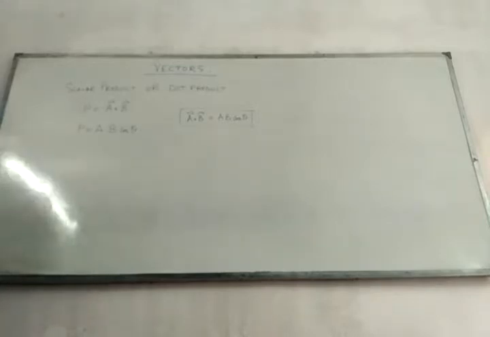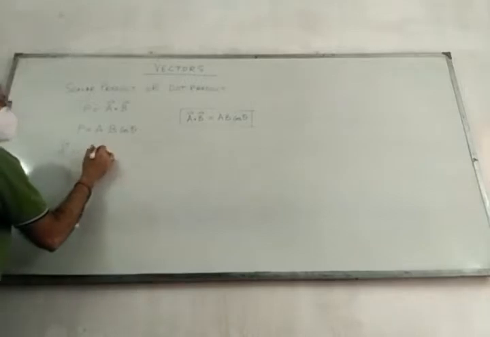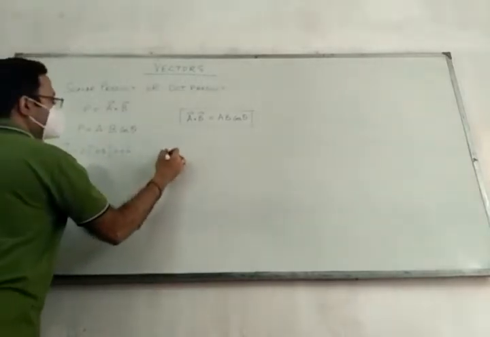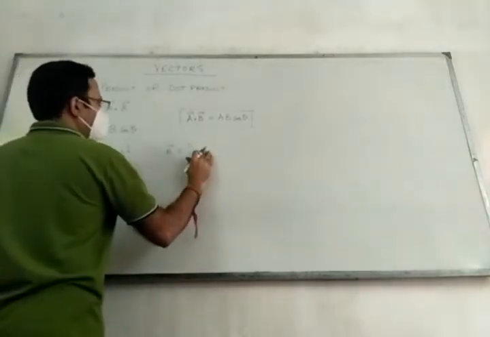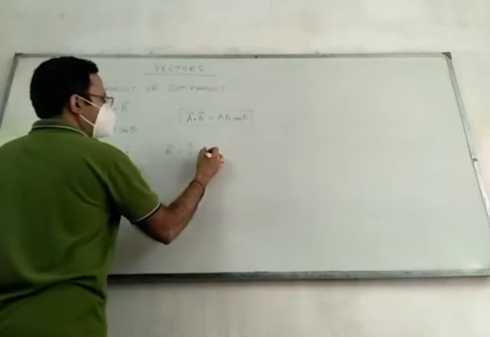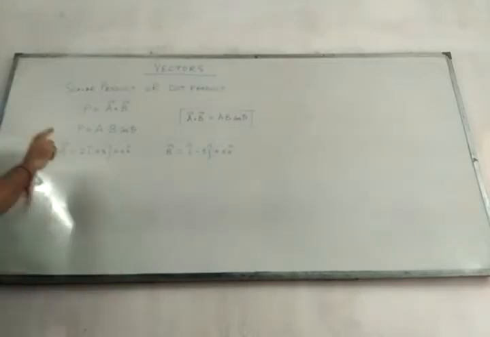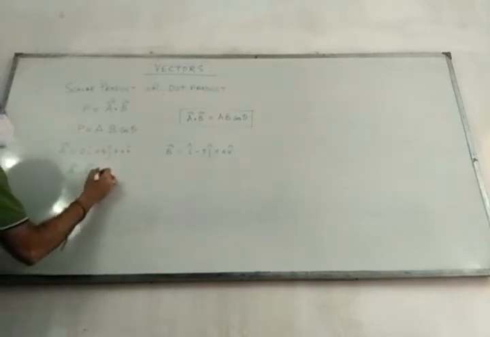Now comes the IJK format. If A and B are given in IJK format, say A is 2i plus 3j plus 4k and B is i minus 5j plus 6k, then how do you find A dot B?